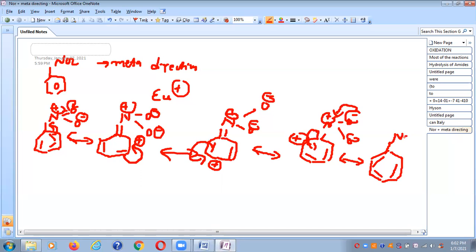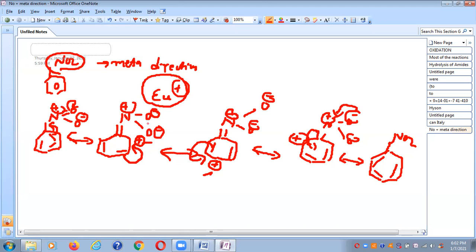So by this resonance we can estimate that this nitro group causes electron deficiency at the ortho as well as the para position. So the ortho and para positions carry positive charge, and thereby the incoming electrophile cannot attack at the ortho position as well as para.